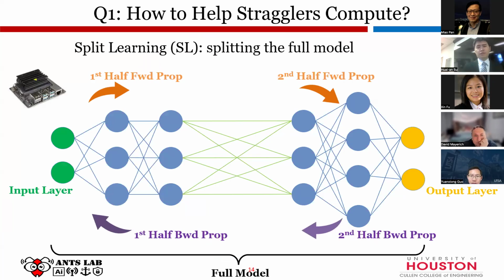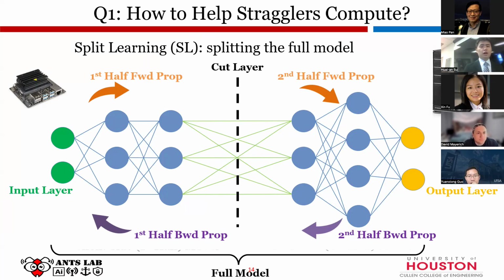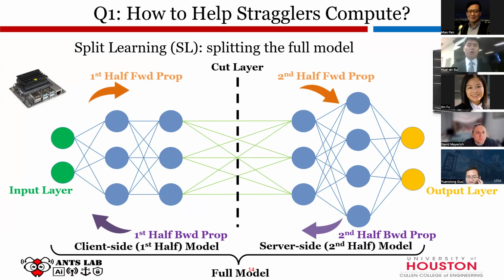I'm going to give an example of the split learning technique, which is basically you divide a full model into two parts, namely the client-side model and the server-side model, because originally this is done between client and server. The server here represents a much faster device. The concept is we want the server to help the client perform part of the training with the other half of the model.